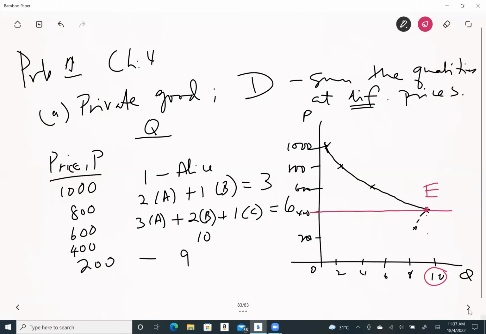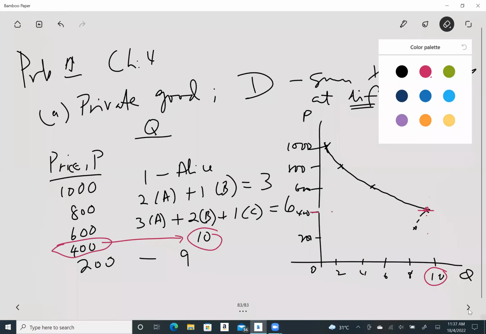They're talking about that point here. Okay, so that is the point you're talking about. So you add the numbers, we got 10. So quantity demanded is 10. So probably the equilibrium here will be another question. We don't need that this time. If it comes later on, then we will get to that. So what you need is only that point.